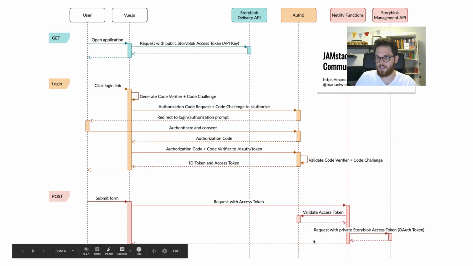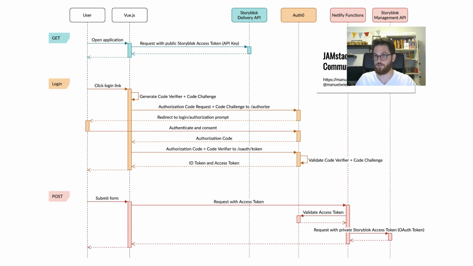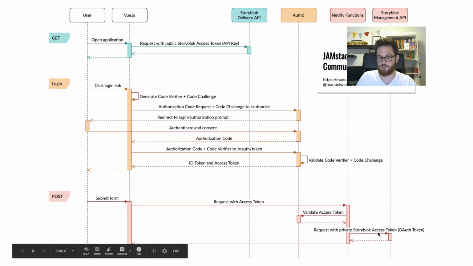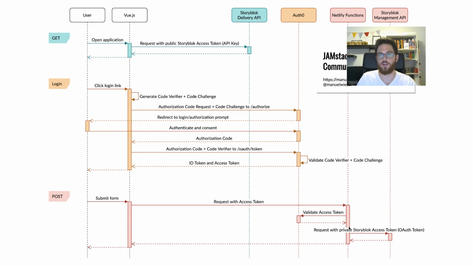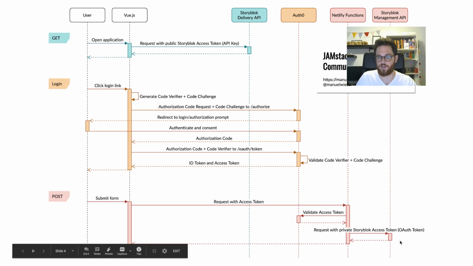What you can see back here is there's also authorization involved here, because not any serverless function is allowed to change something in your Storyblok instance. So this is why you'd use a different token that only your Netlify function knows to authenticate yourself in the Storyblok management API.